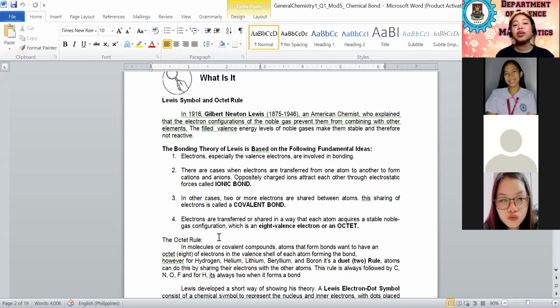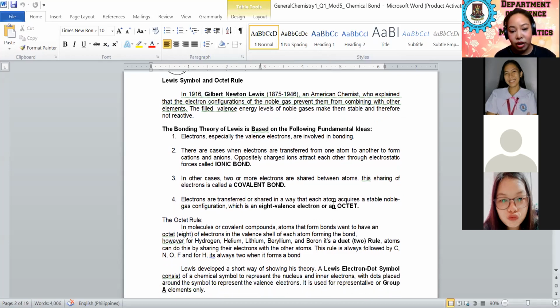And the noble gas configuration has 8 valence electrons. So we call it the Octet Rule. Pero though gitawag og Octet Rule, there are exemptions. There are atoms nga exempted sila sa Octet Rule kay dili kaabot ilahang electron og 8. We call it the Duet Rule.